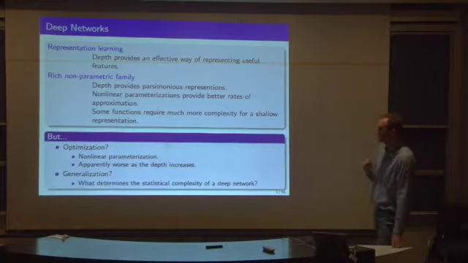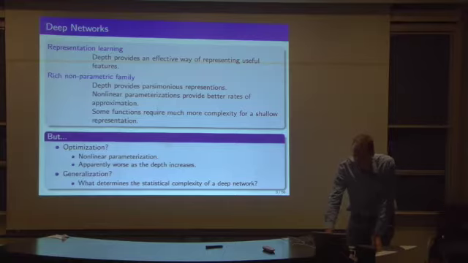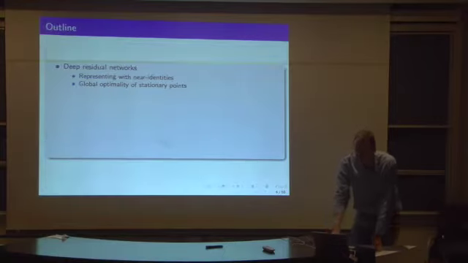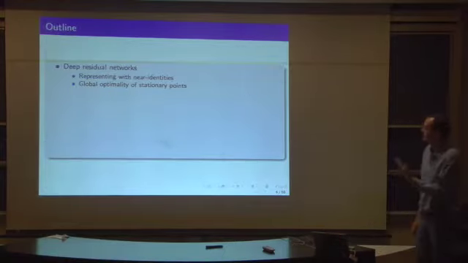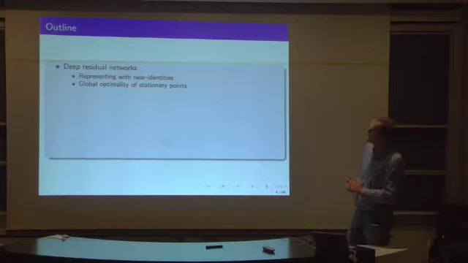What's the complexity of a deep composition of this sort in terms of its generalization properties? So they're the things that I want to talk about. I guess that's the motivation for the three things I want to talk about today. Maybe it'll be only two things. We'll see how we go.